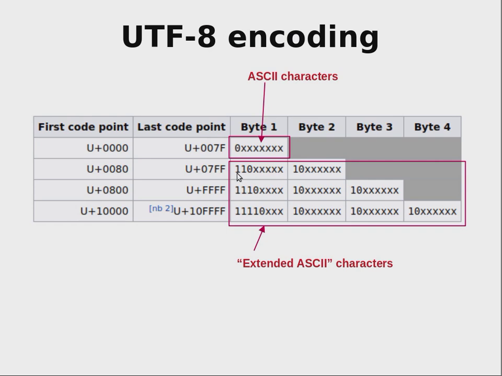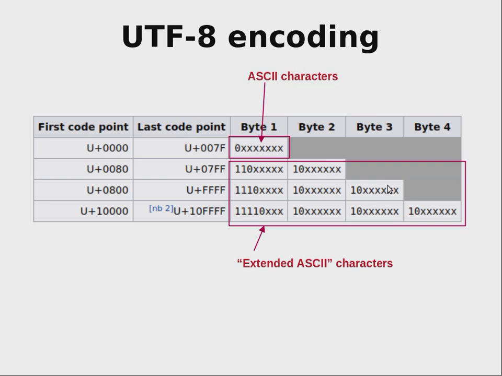If it starts with 110, then the second byte, which starts with 10, also represents another part of the value of this character, and the actual value is encoded in the remaining part of these bits.